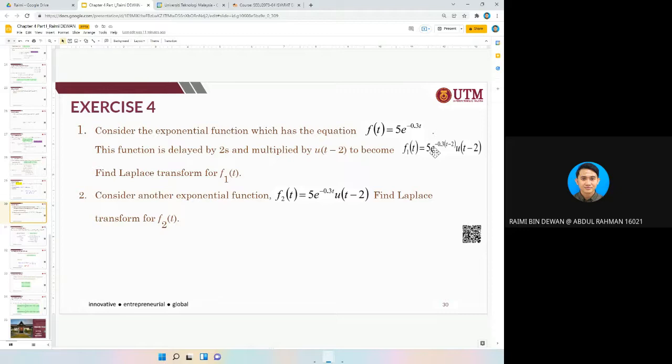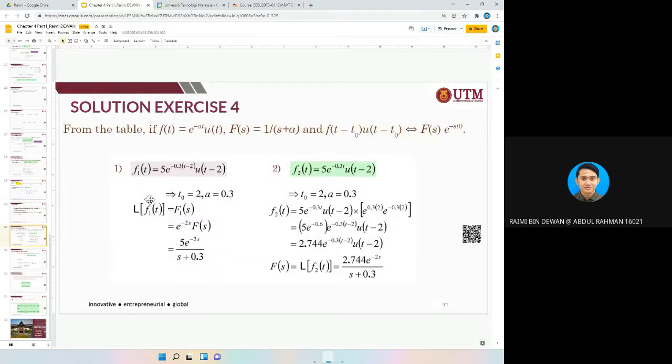The unit step has a value of 1 starting from 0. However, if it's shifted, then this will also undergo shifting. Find the Laplace transform for f2(t). We try this at home.